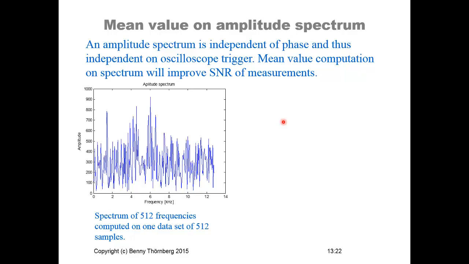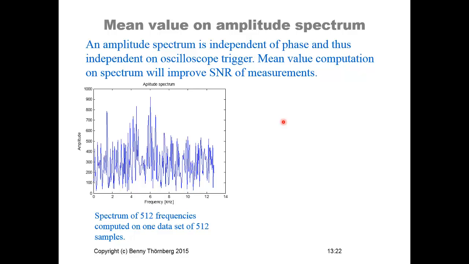You compute the amplitude spectrum as the absolute value, and you compute the argument as the angle, the amount of delay, how the waveform is positioned. So you can utilize the fact that the amplitude spectrum is independent of the phase. Thus, it will not be dependent on where the oscilloscope triggers.